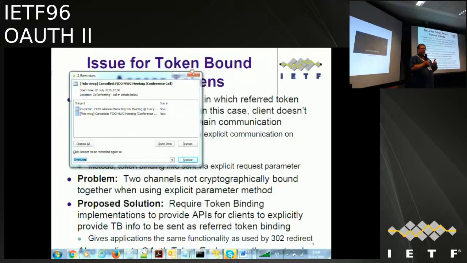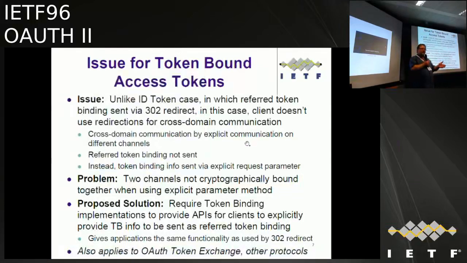One is writing up implementation API guidance somewhere along the lines of, if you support a referred token binding ID, you should provide applications a security appropriate way to send the referred token binding ID.